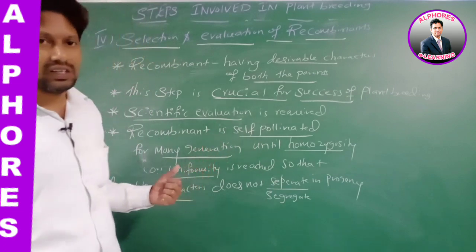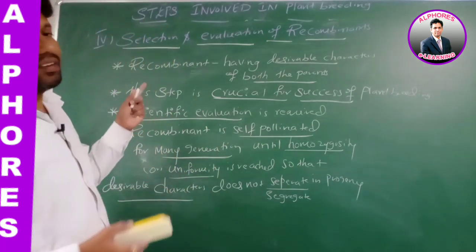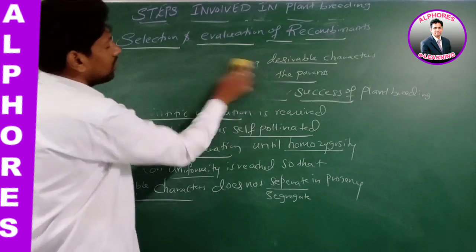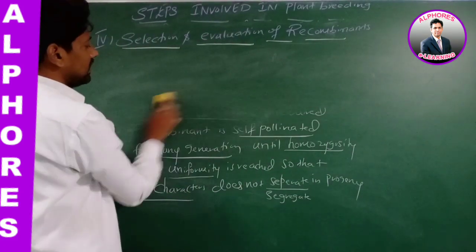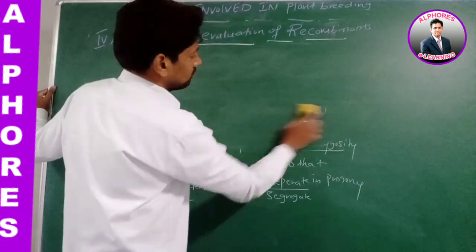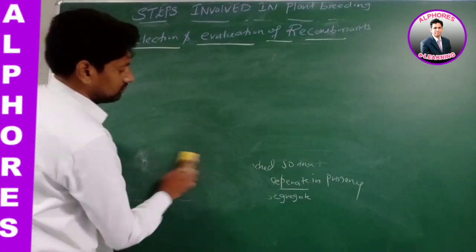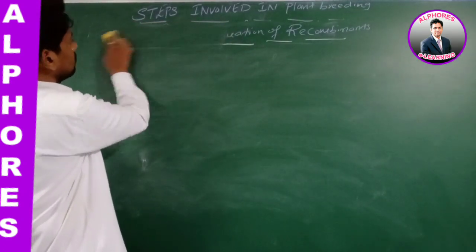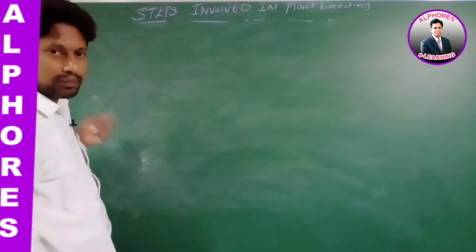Is this statement clear? Right. This is concerned to what, sir? Selection and evaluation of recombinants. Now go for the last step. Test, release and commercialization of new cultivar. What is the fifth step?